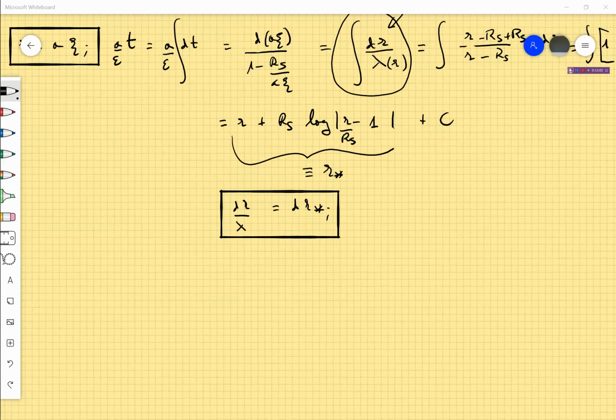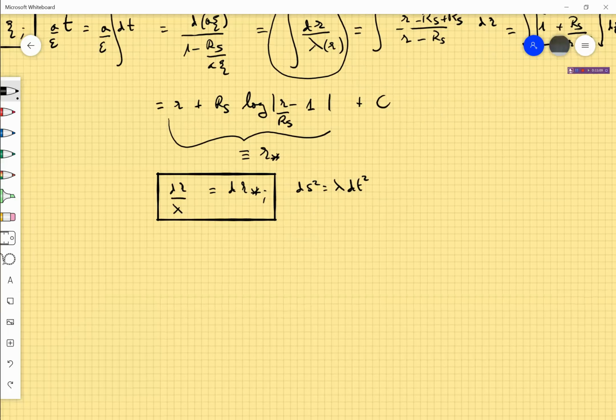This definition has the following property: if the metric has this form, dr squared divided by lambda minus r squared d omega squared, then if I take lambda as a common factor, I have dr squared over lambda, and I apply this definition.